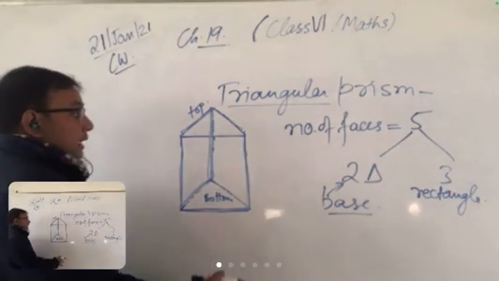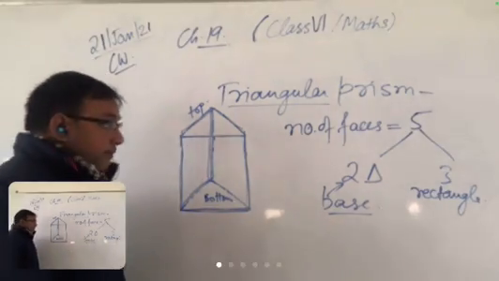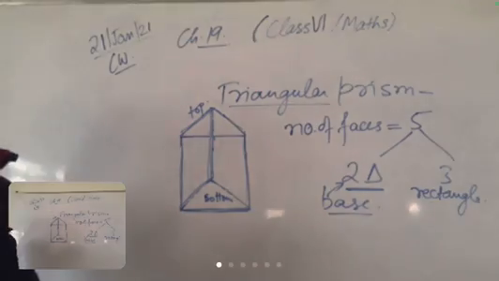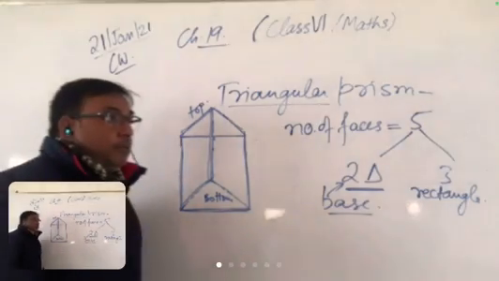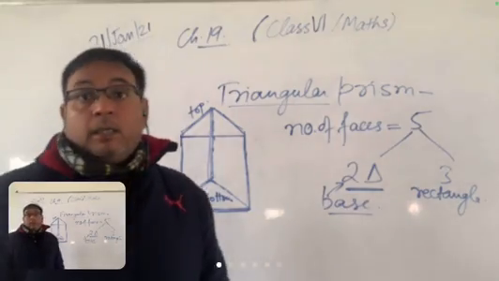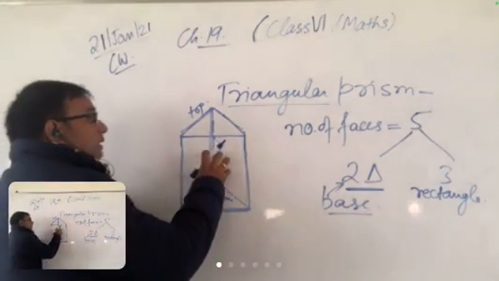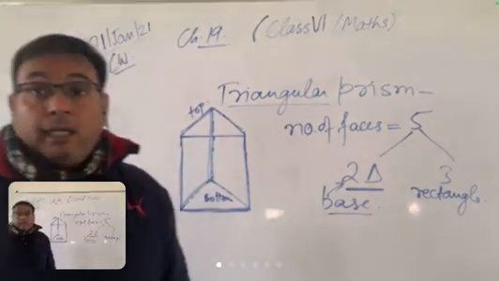Is that clear? In this, the top and the bottom are triangles, and there are three rectangles also to close this, because it is a prism, so it is closed, or it is 3D, so it contains some volume inside it, space. Clear?